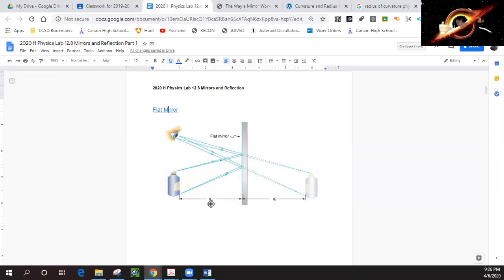And this here is DO, which is called distance of the object. So distance of the object is the actual distance, with a ruler, from the object to the mirror. DI is a virtual measurement. It gives you a virtual, or mathematical, or kind of fictional distance of where the image would be in a virtual reality situation.